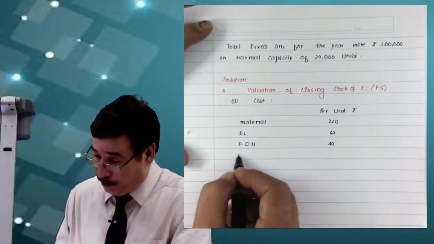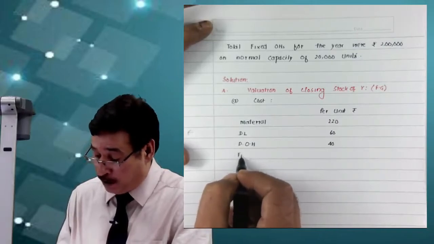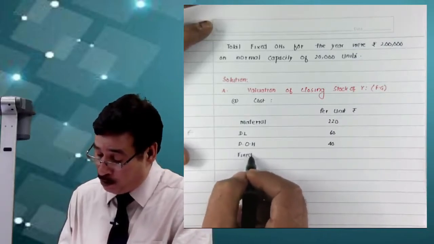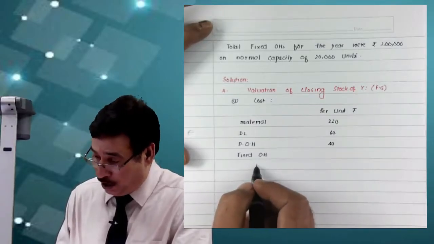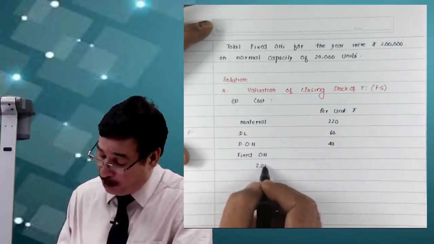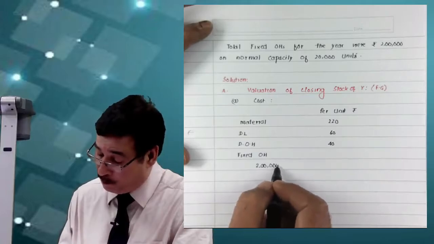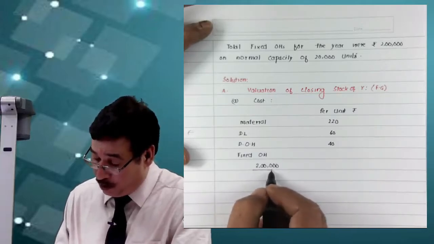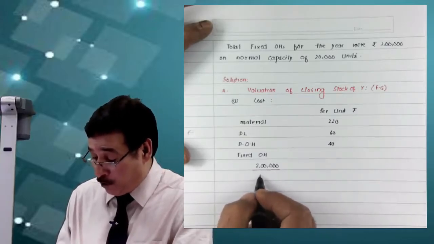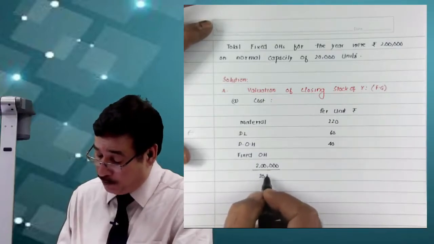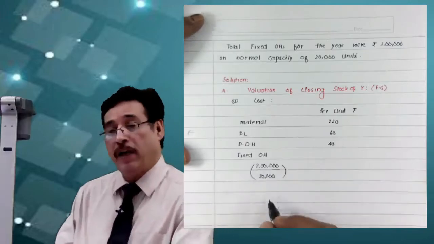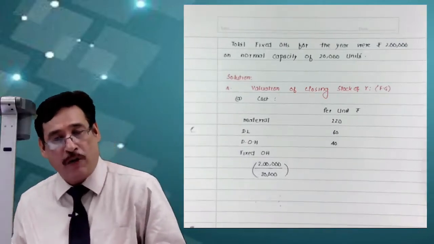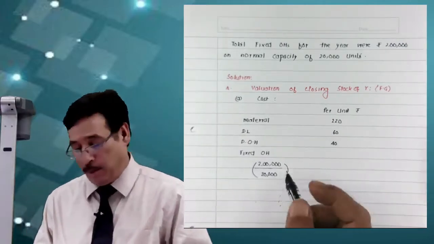Now, we will take into account fixed overheads. Now, question has given that total fixed overheads are rupees 2 lakhs when 20,000 units are normally produced, so that means fixed overheads, which is always absorbed on the basis of normal capacity production.